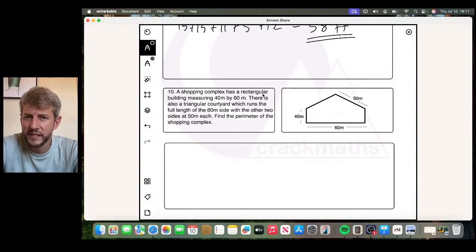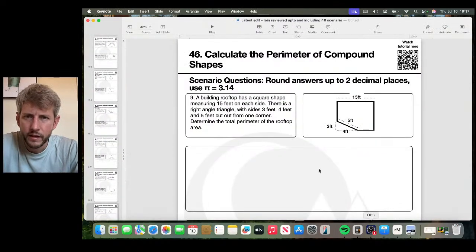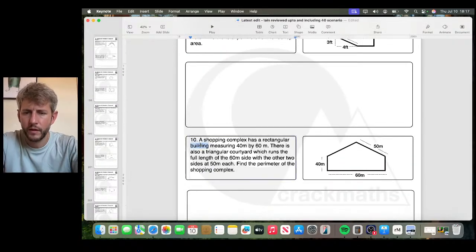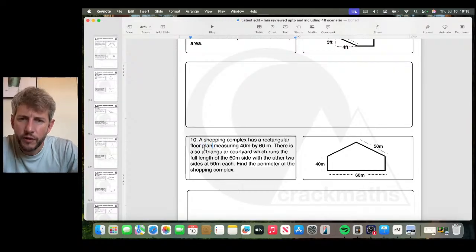A shopping complex has a rectangular floor plan measuring 40 metres by 60 metres.